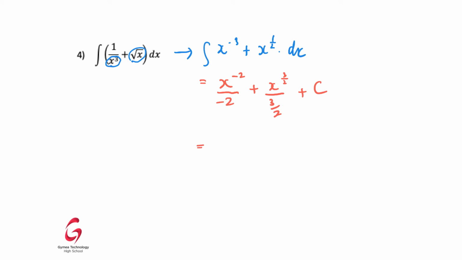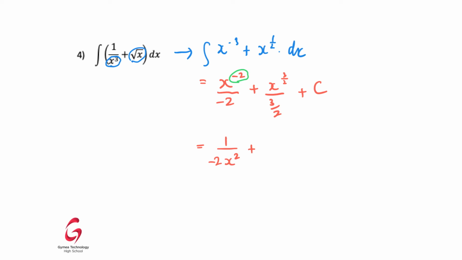Okay, so tidying up, we want to first of all get rid of that negative power. So we're going to have 1 on negative 2x squared. We've turned this negative power back into a positive one. Now for this next part, we don't have negative powers this time, but we've got those fractional indices.